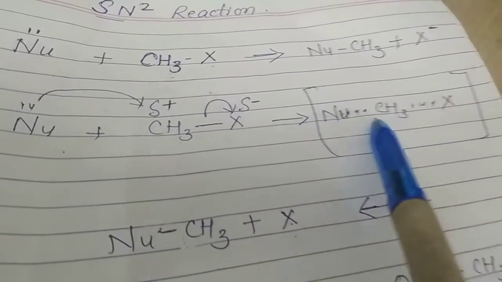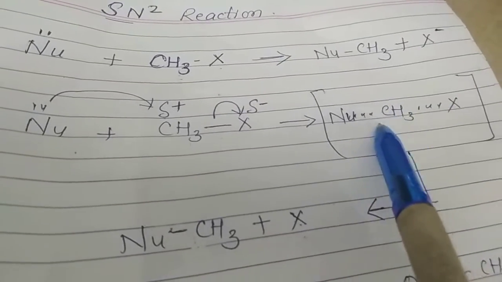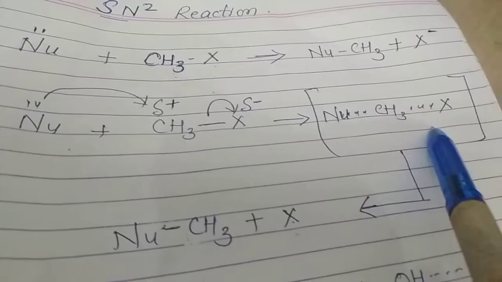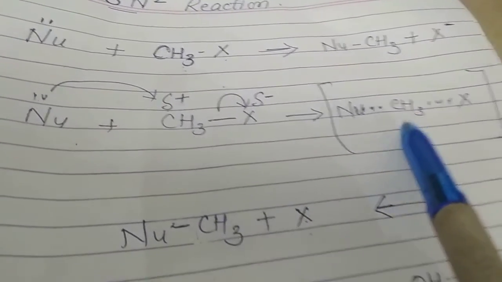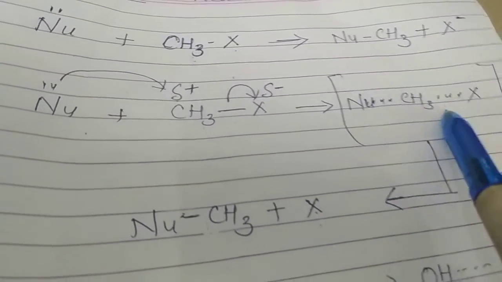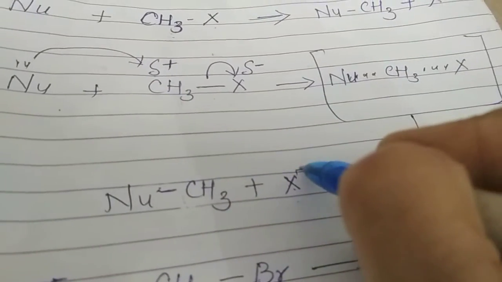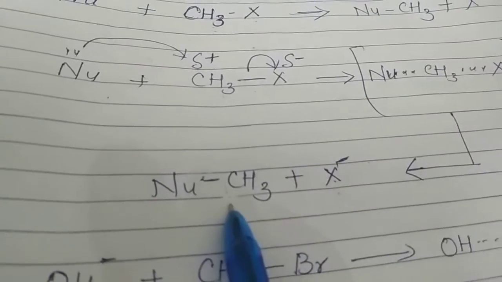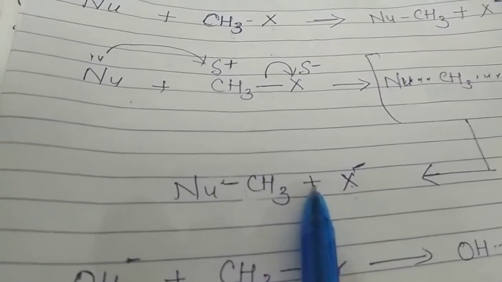This we can show with the help of these dotted lines. This is the intermediate position, which is very unstable and will not last long. Immediately the halide will leave in the form of X negative, the halide ion, and the nucleophile gets attached to the methyl group, and the substitution reaction has taken place.